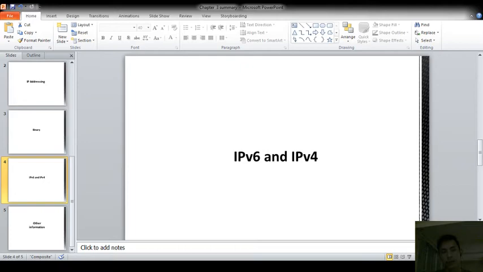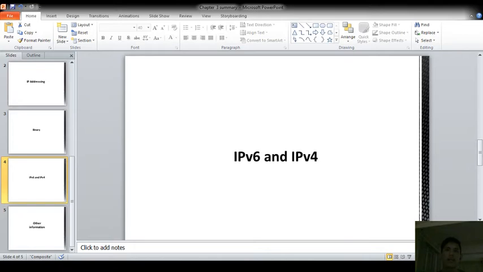Next is IPv6. IPv6 addresses are 128 bits in length and written as a string of hexadecimal values. Every 4 bits is represented by a single hexadecimal digit, for a total of 32 hexadecimal values.